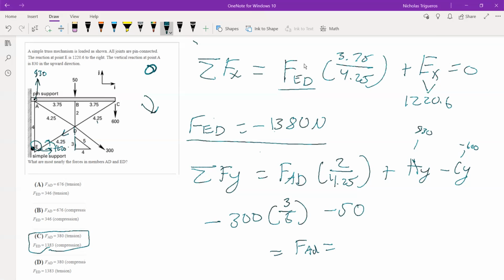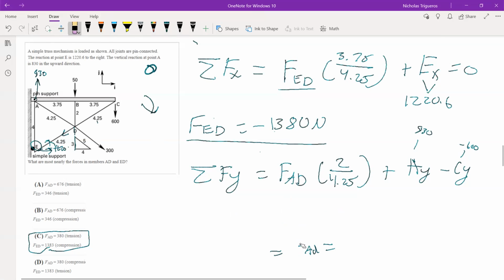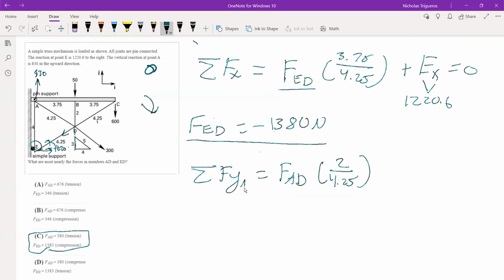Okay. So no wonder it's zero. I accidentally did the sum of forces across the whole structure when we should have only done the sum of forces about point A. If you do the sum of forces in the y direction at point A, we only look at this point and we have what? There's a force here, there's a force there, and there's a force here. There's only three forces.